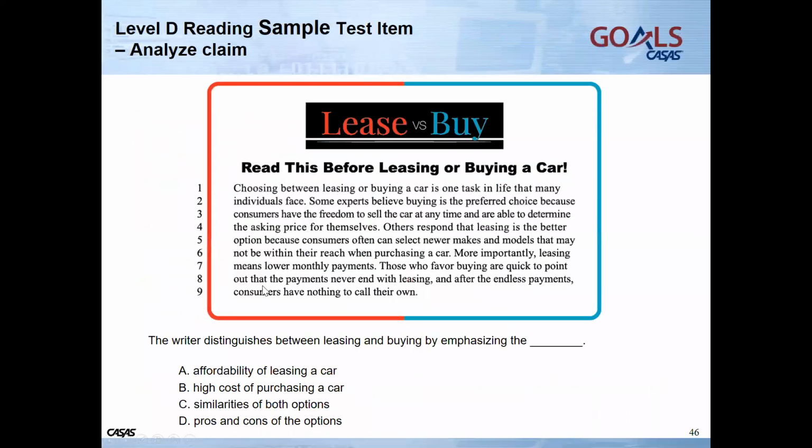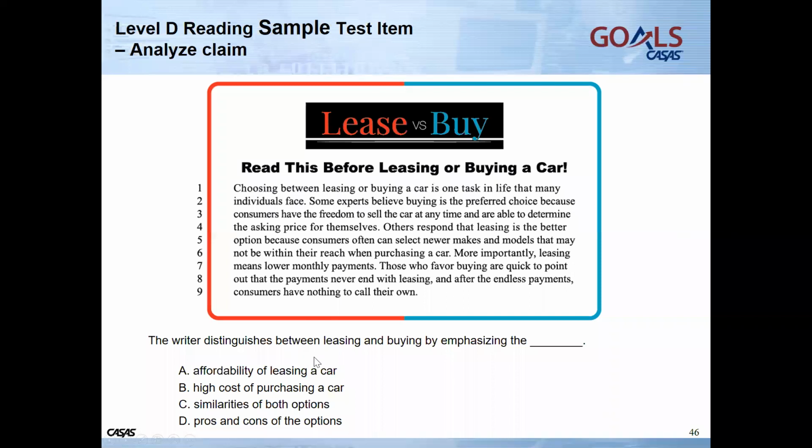These are just a few sample items for the reading. I'm showing you some more difficult ones because I really wanted to demonstrate how they are at that higher level of cognitive thinking required, and they're short but yet complex. So this one is only 9 lines, but the text is complex.